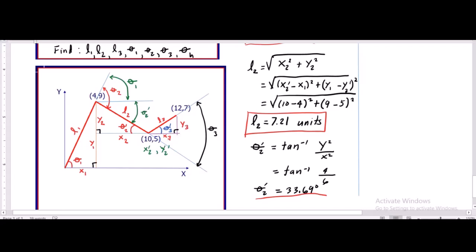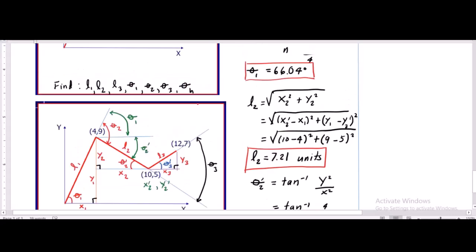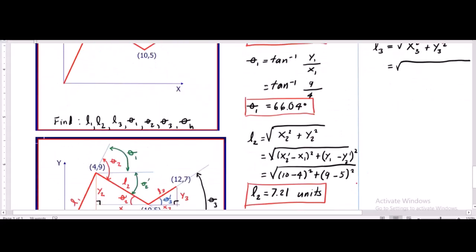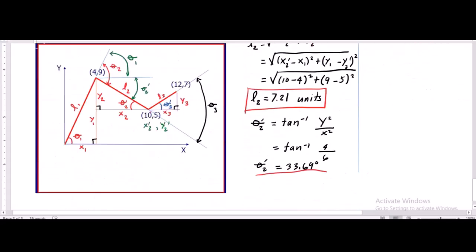So how to get x3? From here, which is this point, to the origin 0 is our x. From here, straight downward is our y, the end effector or the position.